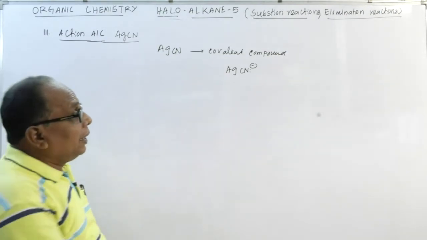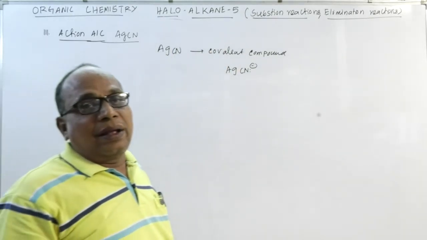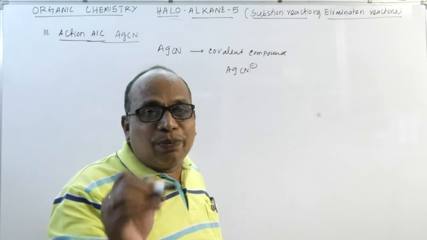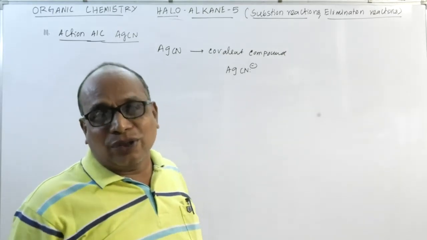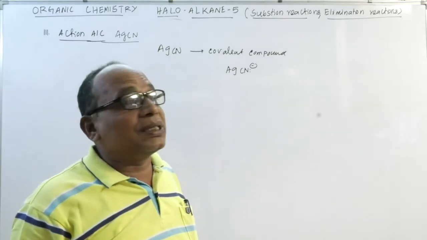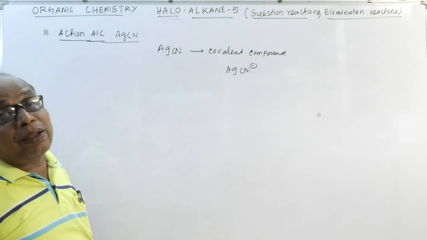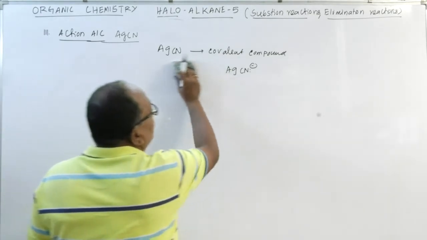That's why the nitrogen atom now attacks the carbon atom which possesses the halogen, because that carbon atom possesses partially what charge? Positive charge. That's why you get some different compound.